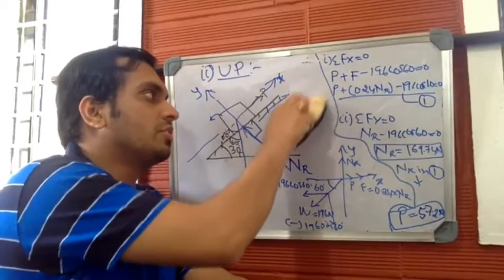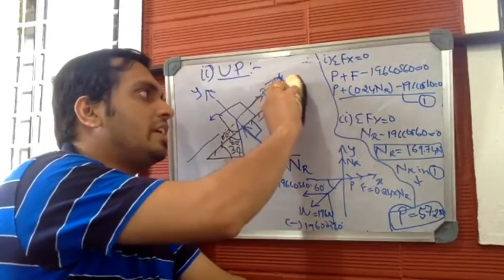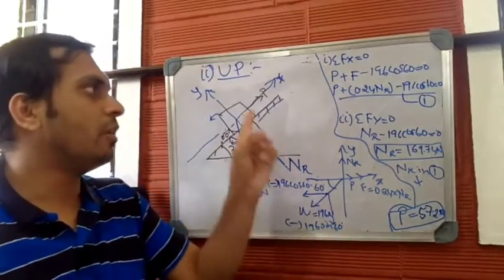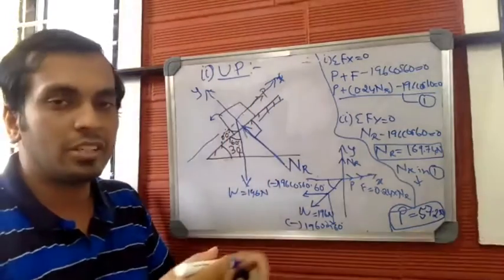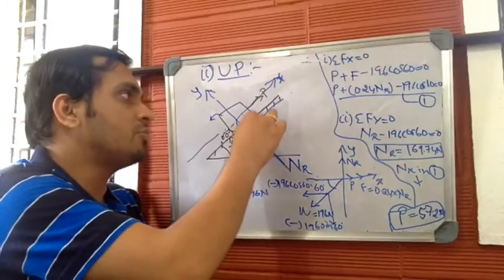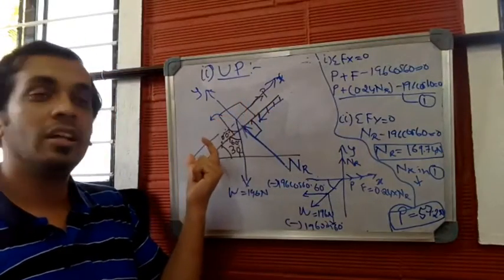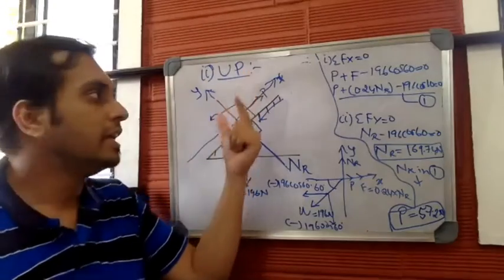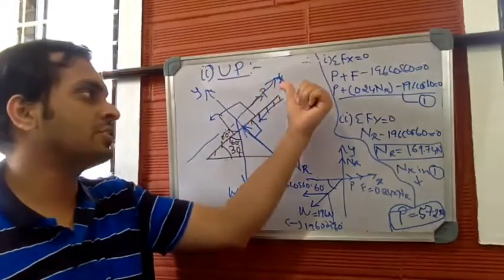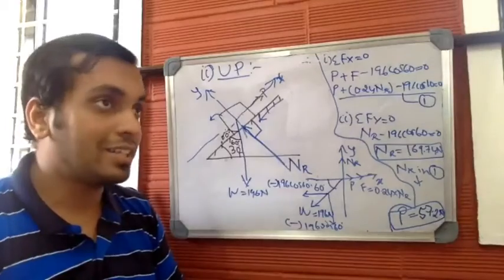So when the body moves up the plane, what happens to the direction of frictional resistance? It moves down the plane. Whereas in the previous case, when the body was impending down the plane, friction resistance was directed up the plane.